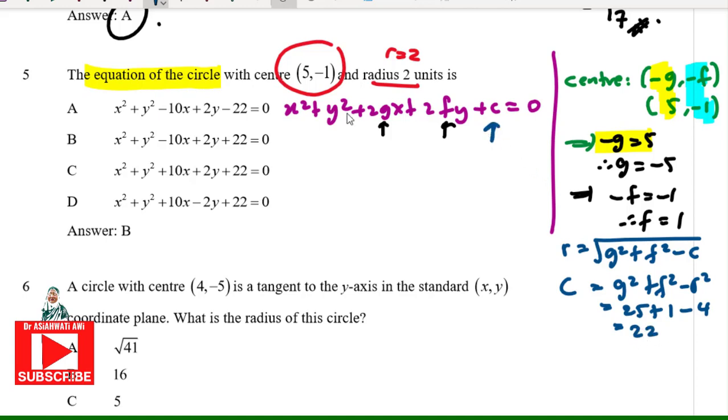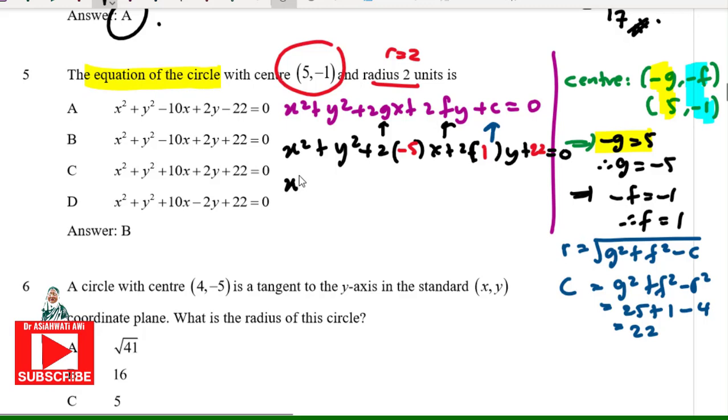And substitute: x squared plus y squared plus 2gx plus 2fy plus c is equal to 0. So g is negative 5, f is 1, c is 22. We get x squared plus y squared minus 10x plus 2y plus 22 is equal to 0. Check by negative minus negative, plus. Settled for number 5.